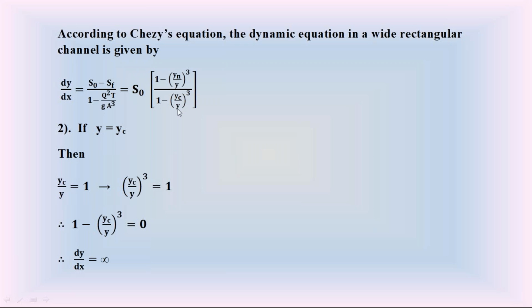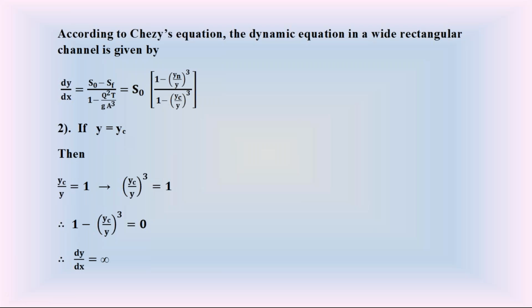You know that something by 0 is infinity, whatever this value may be in the numerator. So something by 0 is infinity, and infinity into S0 is also infinity. So the slope dy by dx is infinity if the depth of flow y is equal to critical depth yc.